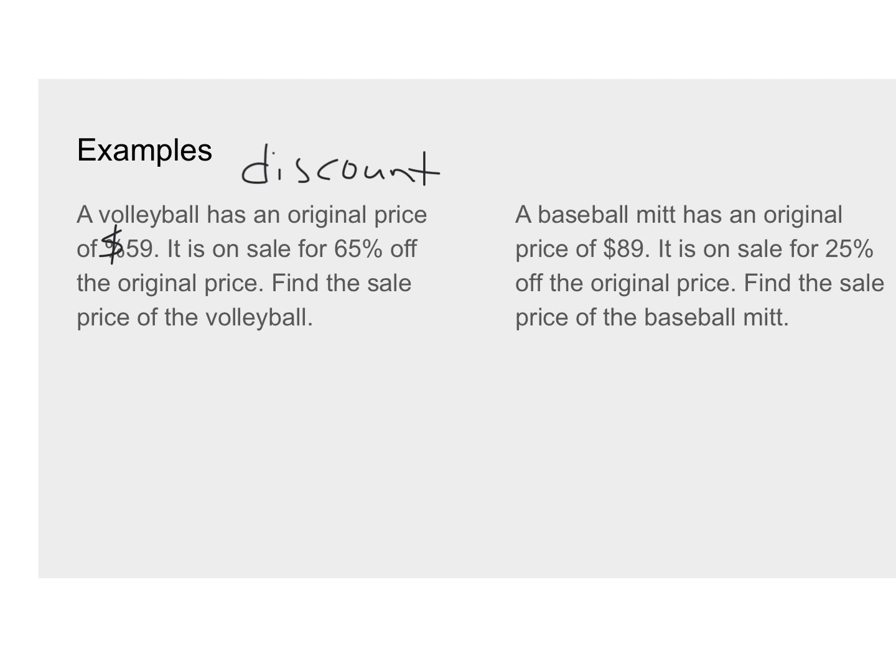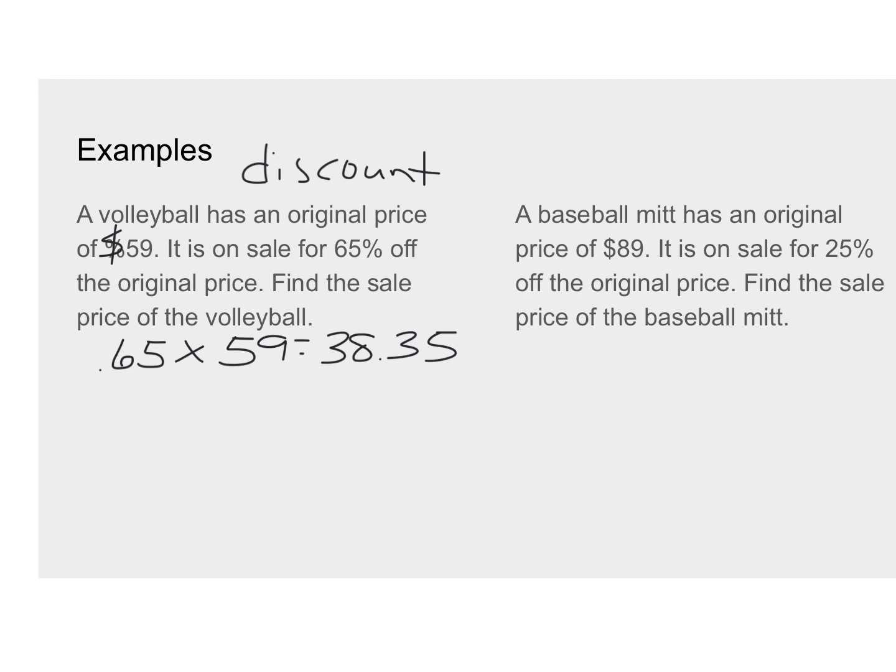We want to find 65% of 59 first. How do we do that? Divide 65 by 100. Yep, so we get 0.65 times 59, our original price. What do you get when you multiply those? 38.35. Okay, that's our discount value.